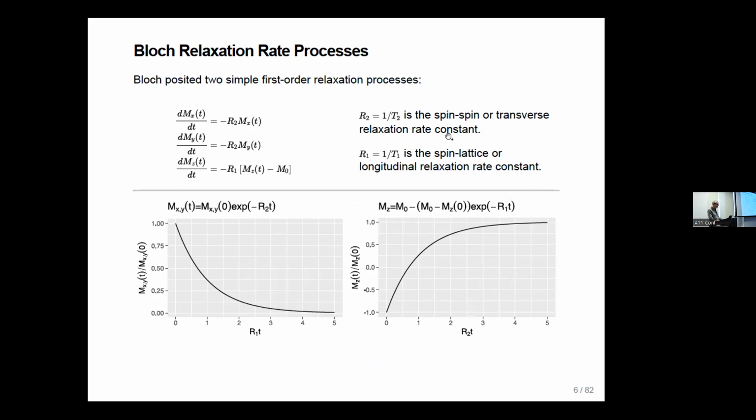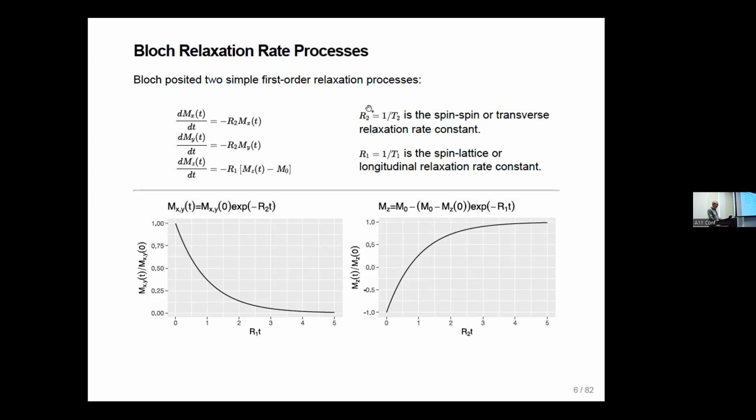It's also called spin lattice relaxation because, as we'll see, it requires exchange of energy with the surroundings, which in NMR are called the lattice. And the other is basically a dephasing rate constant that destroys coherences or transverse magnetization, and he called this R2.